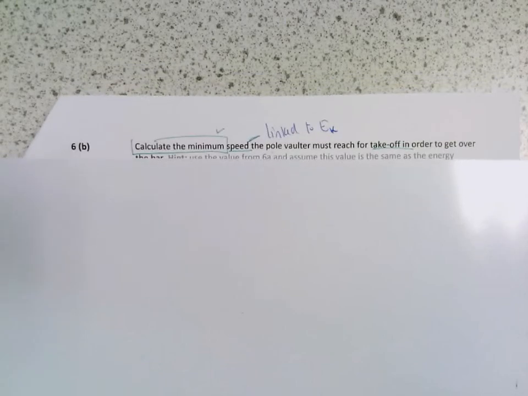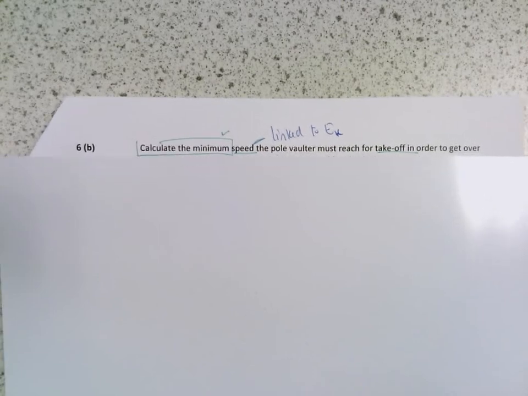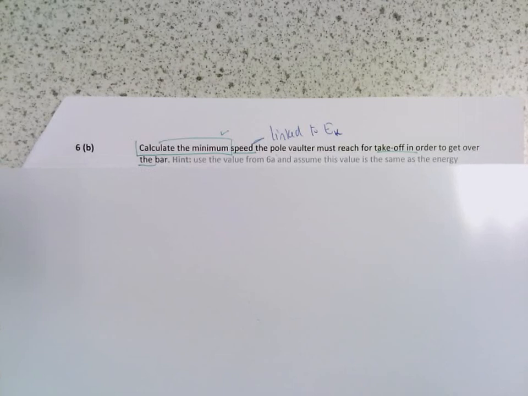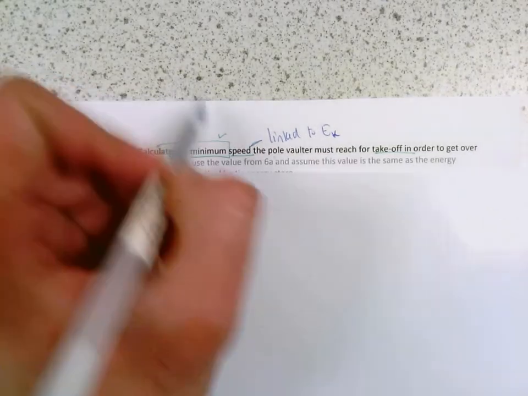And then finally, it tells us to calculate the minimum speed that the pole vaulter must reach for the takeoff in order to get over the bar. Now here, what that means is, if we want to work out speed, we need to basically find the value for v. We need to find the velocity needed.